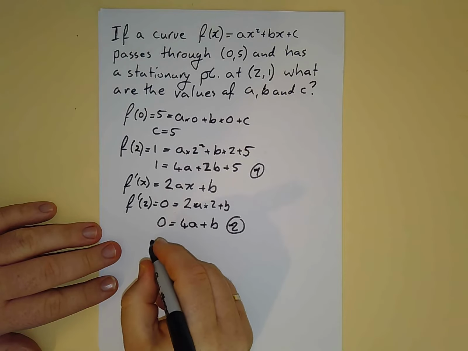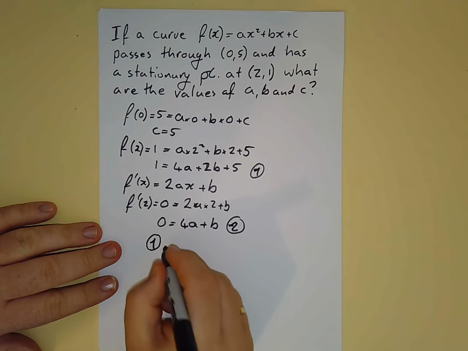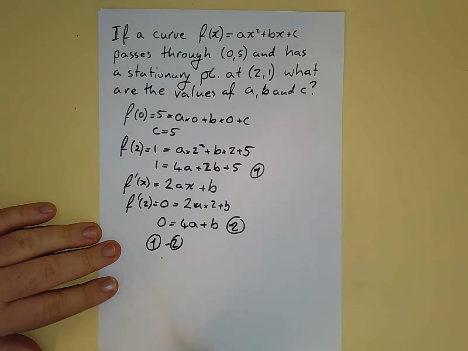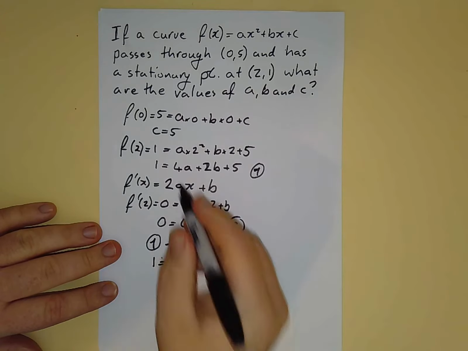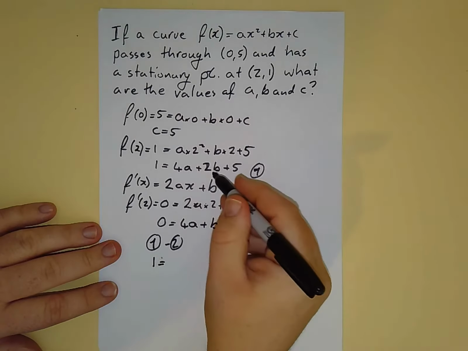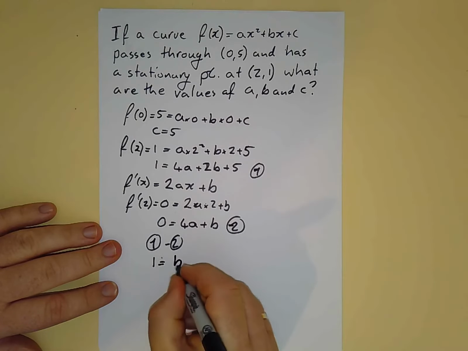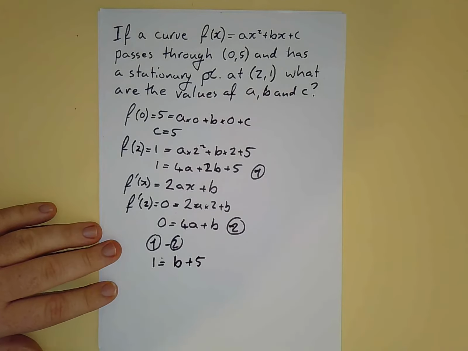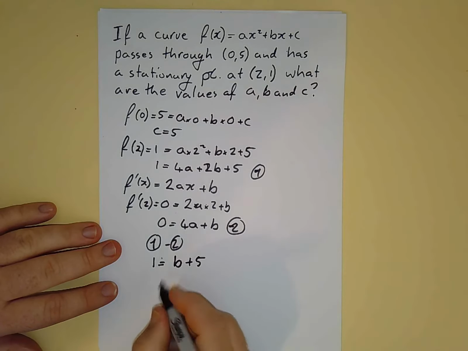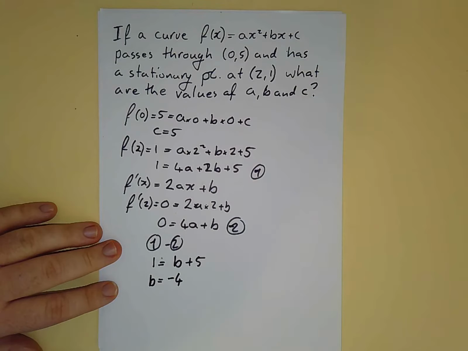So if I say equation 1 minus equation 2, that will eliminate the a's and make it very easy to solve. So 1 minus 0 is going to be 1. 4a minus 4a disappears. 2b minus b is going to be b. 5, there's nothing here. So I've got 1 equals b plus 5. Minusing 5 off each side, I get b equals minus 4.